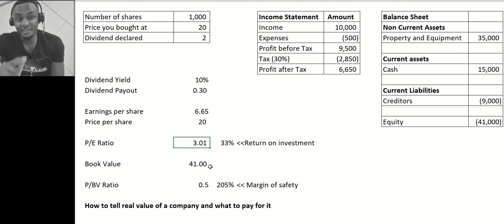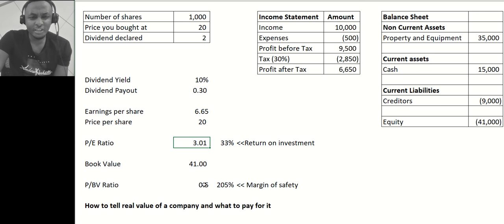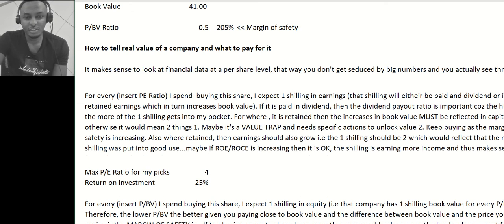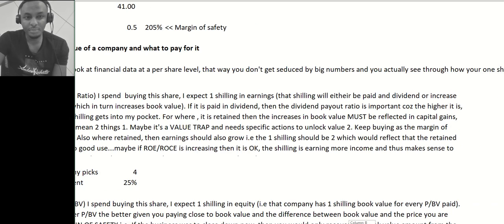This is a very nice company, because my hypothetical company is very nice: for every 1 share you invest in this company, you are earning 3 shillings in return. So that means you're almost earning 33% return from your investment. And I actually had my notes here from Warren Buffett, from when he talked about the PE ratio.